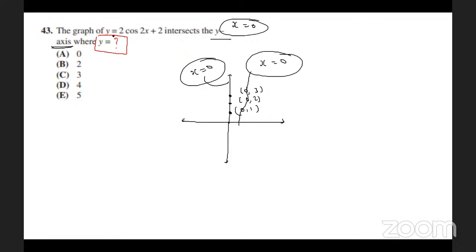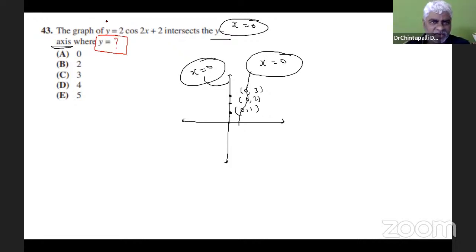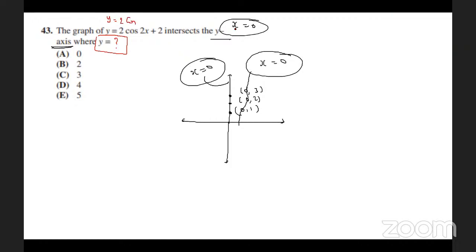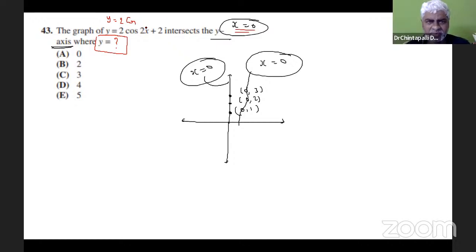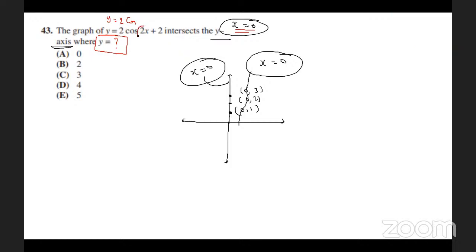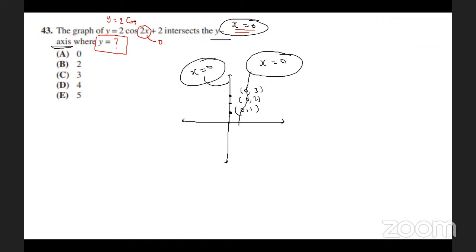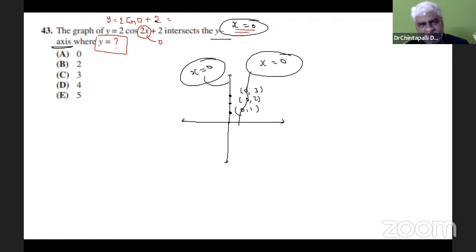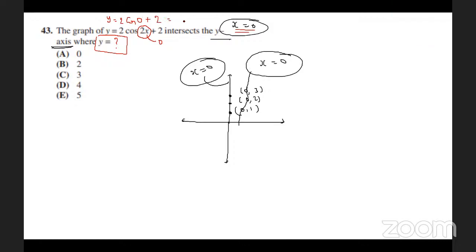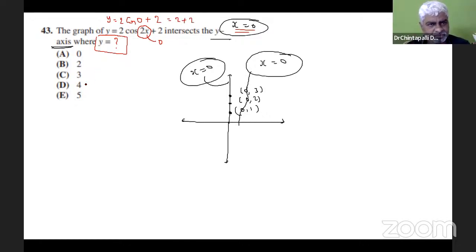So y equals 2 cos 0. Cos 0 is 1. So y equals 2 plus 2, which is 4. Which option? Option D, sir.